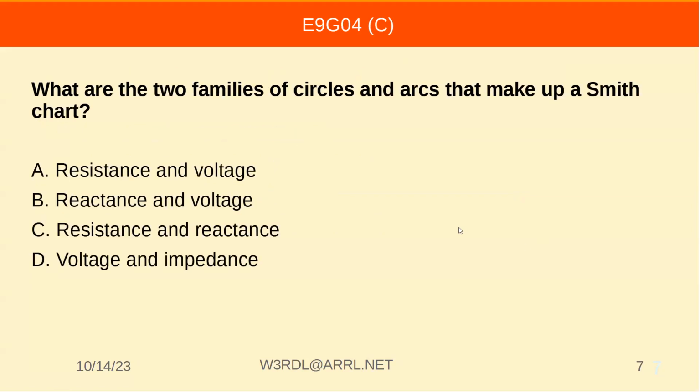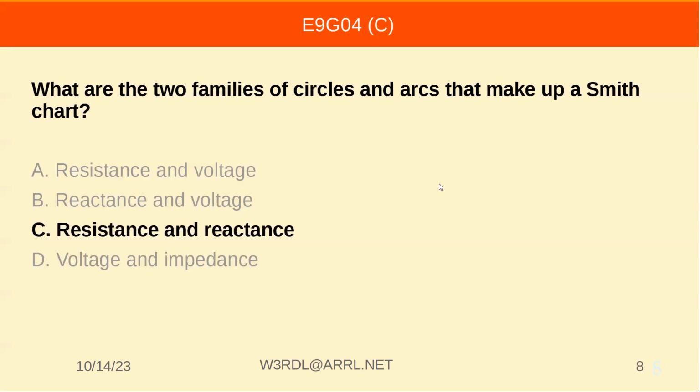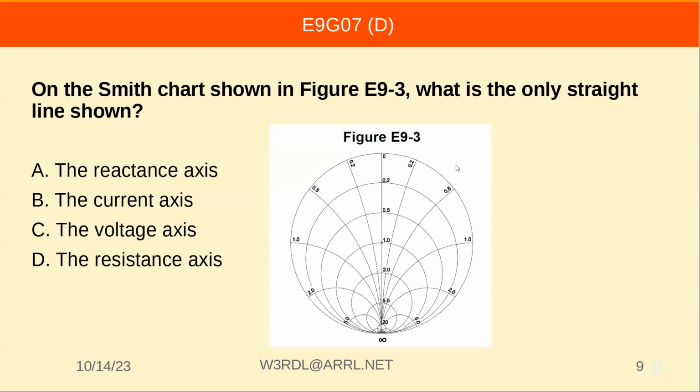So what are two families of circles and arcs that make up a Smith chart? Charlie. All right. On figure 9.3, what's the only straight line shown that should be horizontal? Delta.